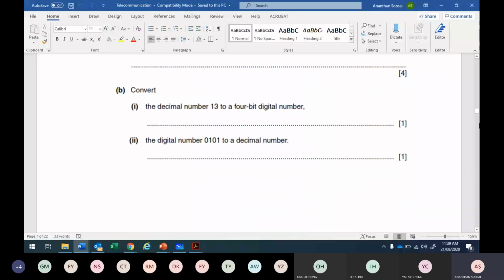Okay, next, convert the decimal number of 13 to a 4-bit digital number. Okay, come on, give me the number. 1 minute for you. Give a try.